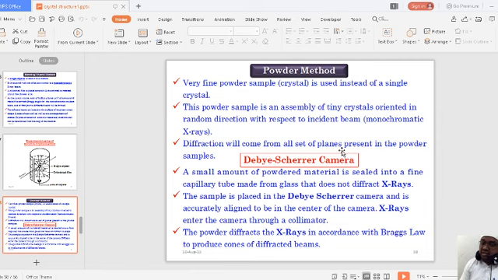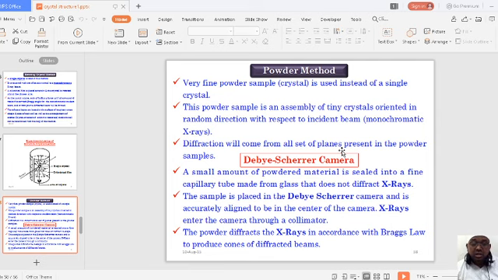We require a camera. The camera is the D.B. Shearer camera. This is the name of the scientist who designed the particular camera, in order to know the orientations of the different atomic planes present inside the crystal.